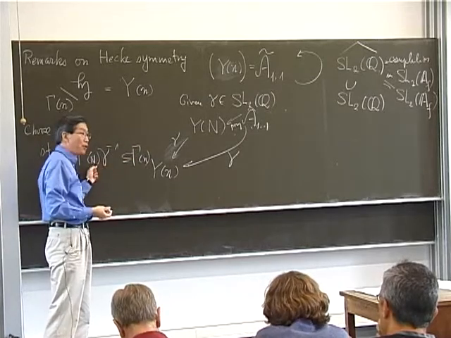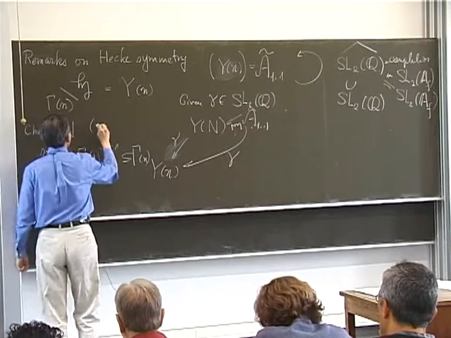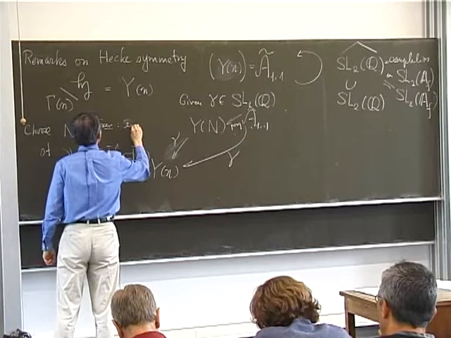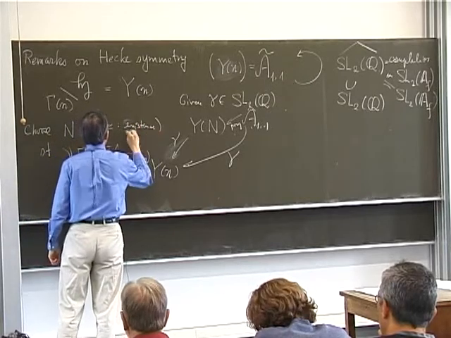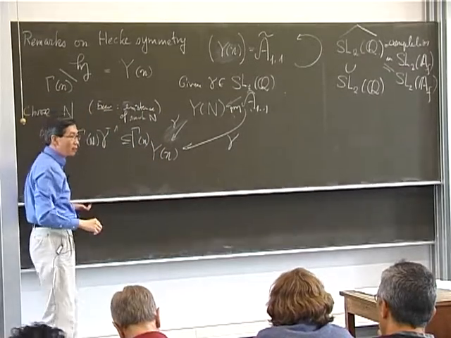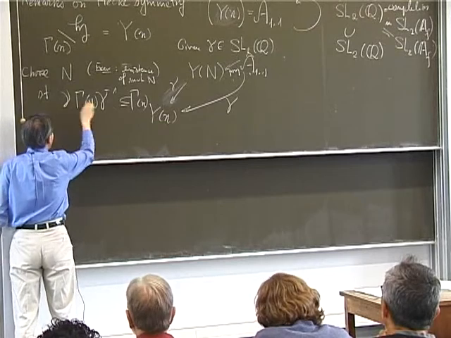If you choose capital N large enough, this exists. Exercise: existence of such a capital N. Okay. Now, I guess this is pretty easy if I did it right.